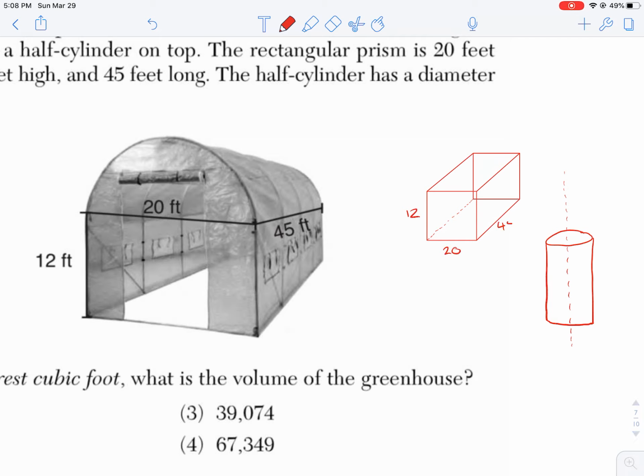So in this one, this is 12, this is 20, and this is 45. And remember, to find the volume of a rectangular prism, it's just length times width times height, which in this case is 12 times 20 times 45. And then you multiply that all out.